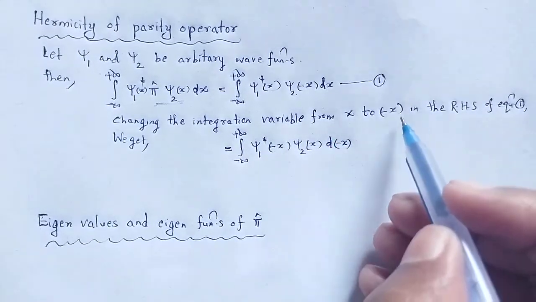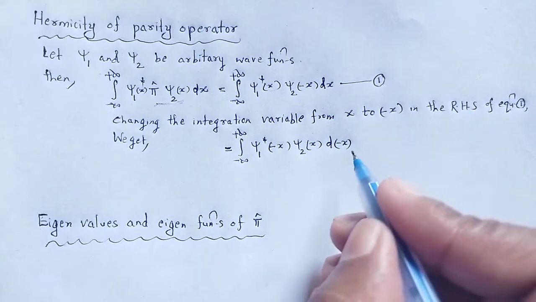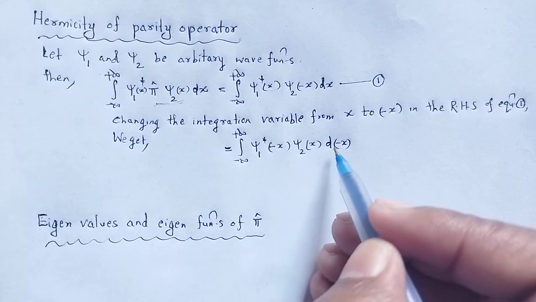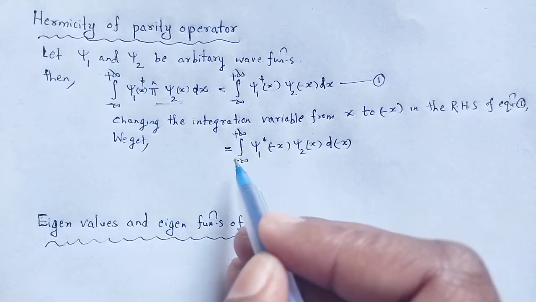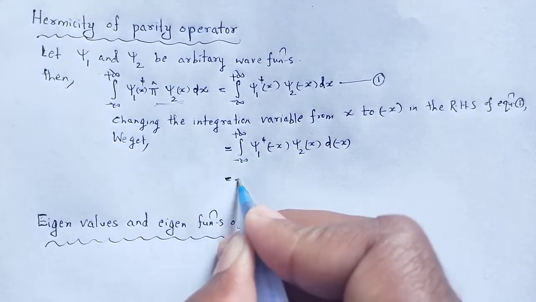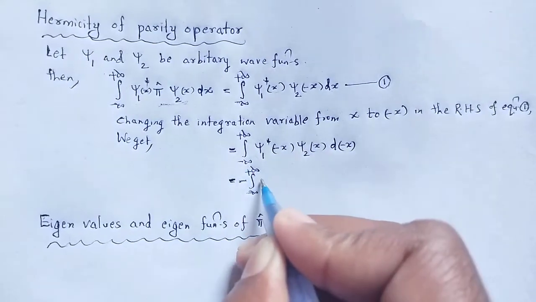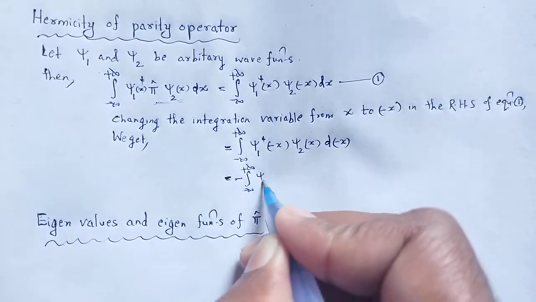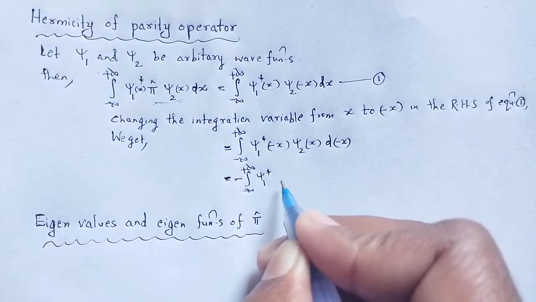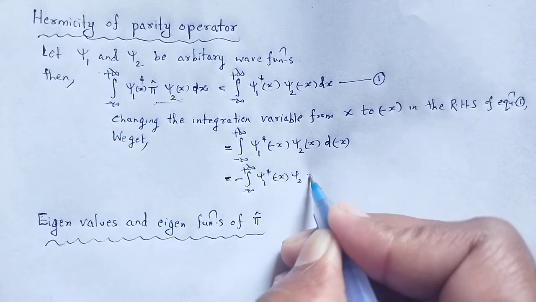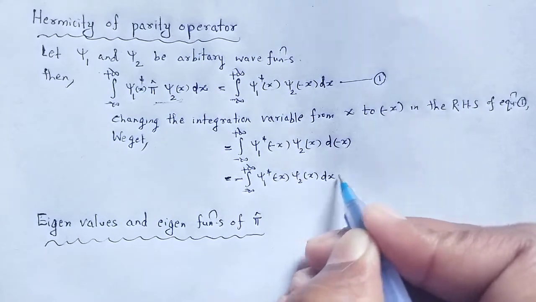Just we replace positive with negative, that is d of minus x, with a minus sign outside, the integration from minus infinity to plus infinity of psi 1 star minus x psi 2 x dx.